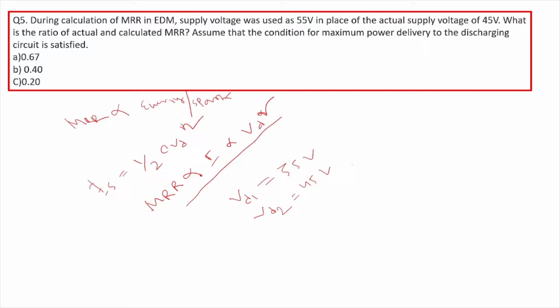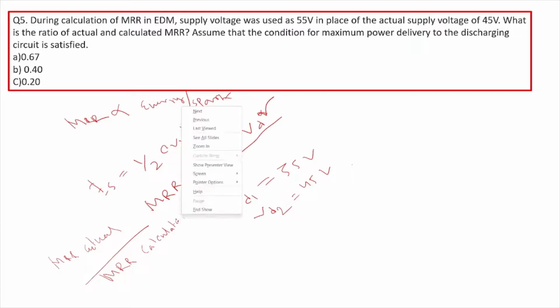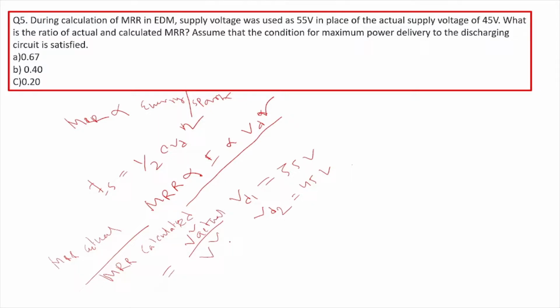Okay, so if we write it that way, MRR actual divided by MRR calculated equals V square actual divided by V square calculated.